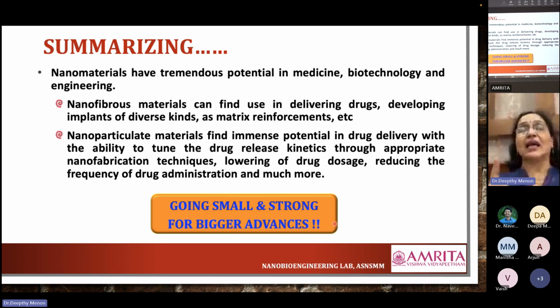And the understanding is that we can lower the drug dosage and we can reduce the frequency of drug administration. So even if you go small in size, we can develop something which is strong and which is having high potential for bigger advances.